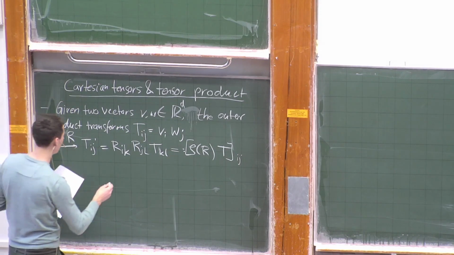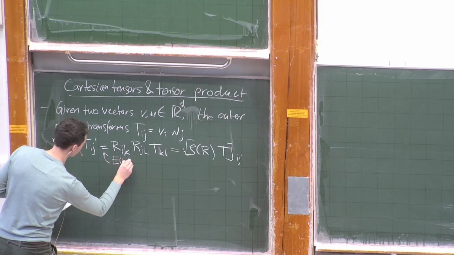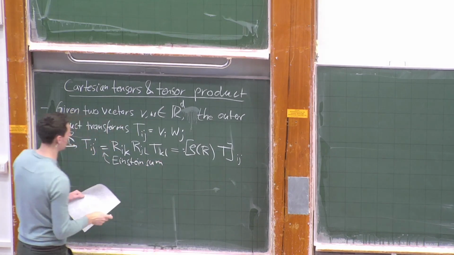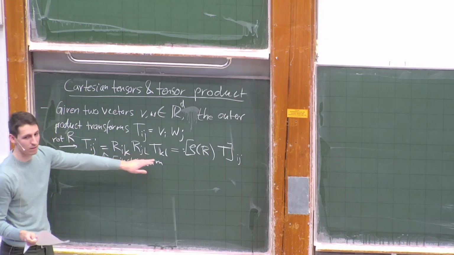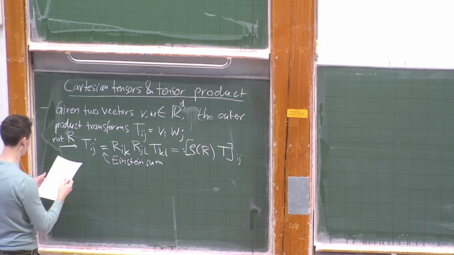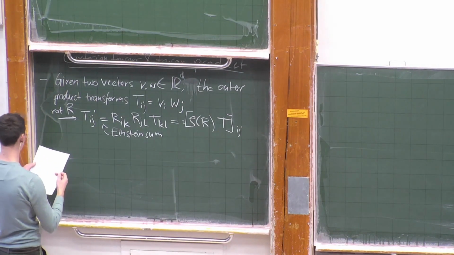Okay, and now here implicitly, maybe I should write this down, I use the Einstein sum convention. So that means that the indices k and l, which appear twice here, are summed over. And we can show that this is again a representation.